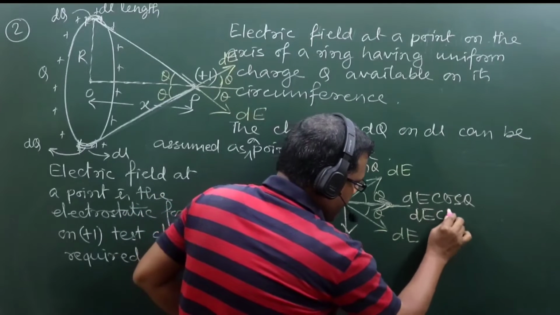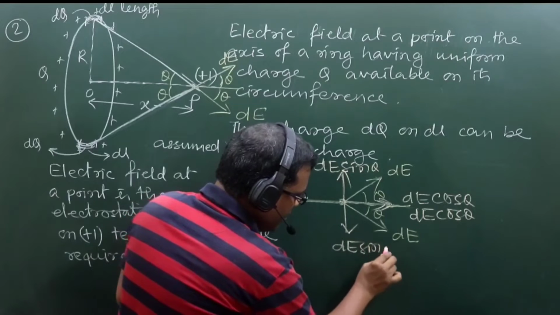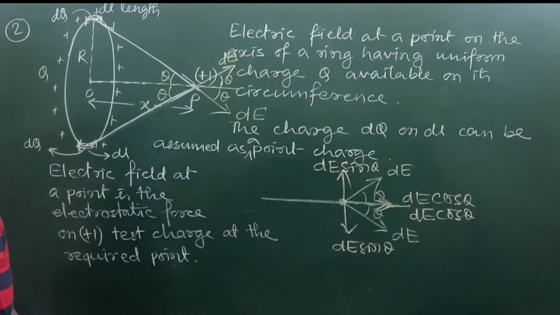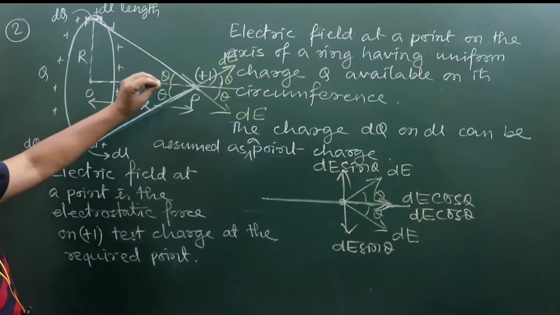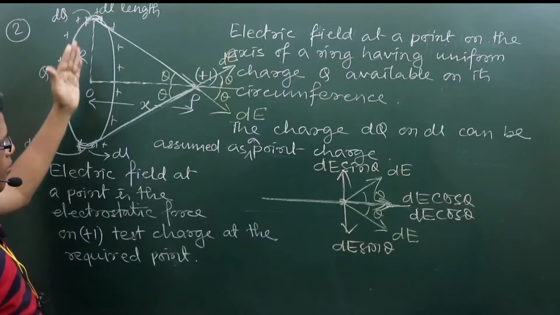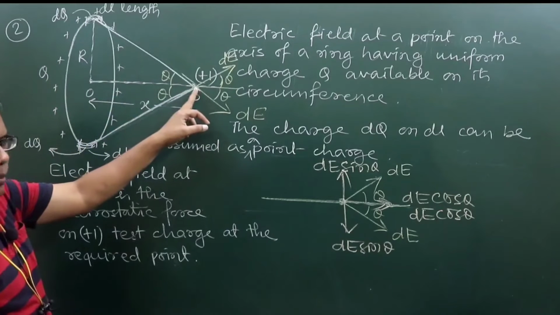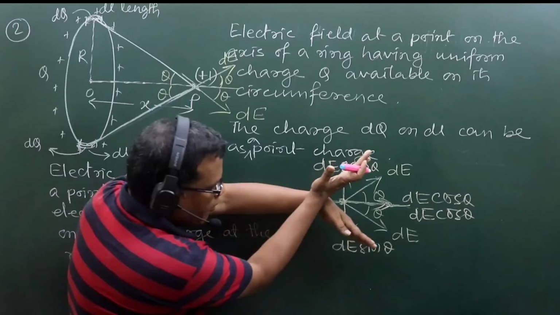This is dE cos theta. This one is dE sin theta. Right? Is it okay? The component resolution. So what conclusion can we reach about these two forces because of one diametrically opposite pair of elements at a point on the axis? We see two diverging forces.